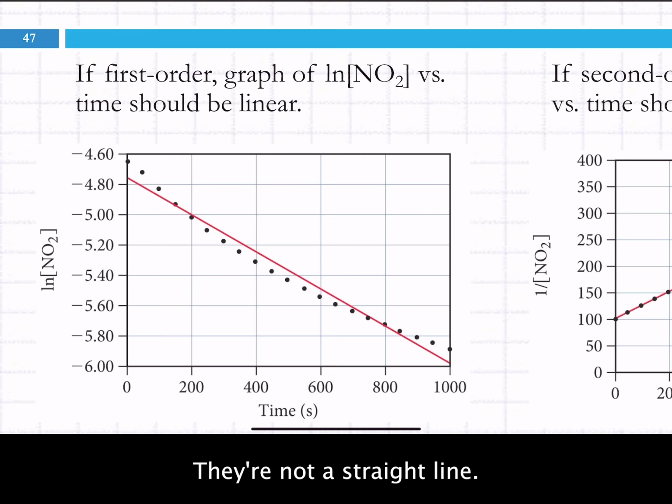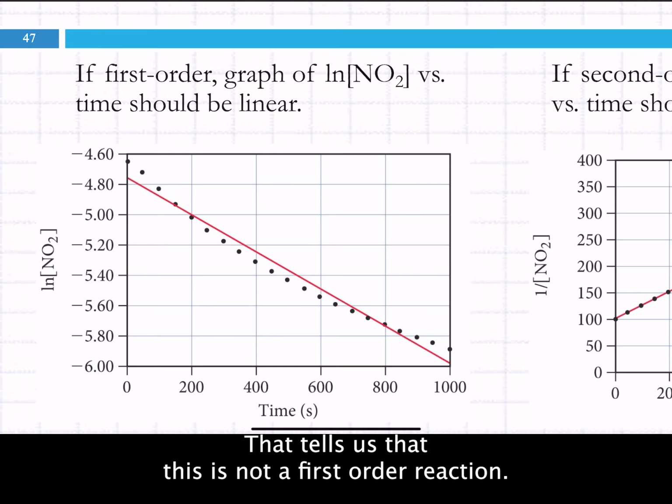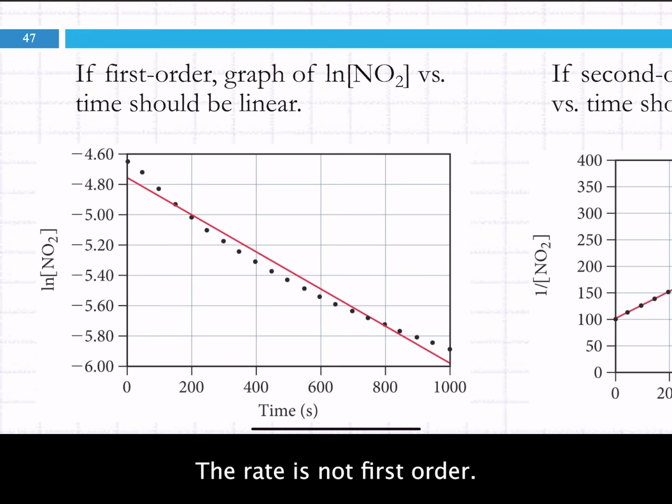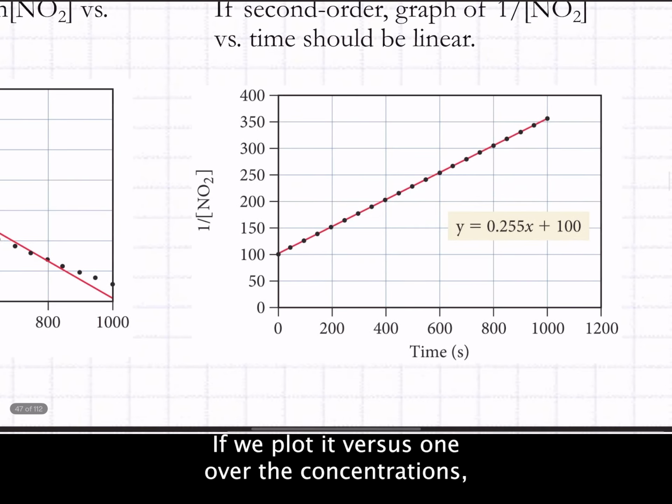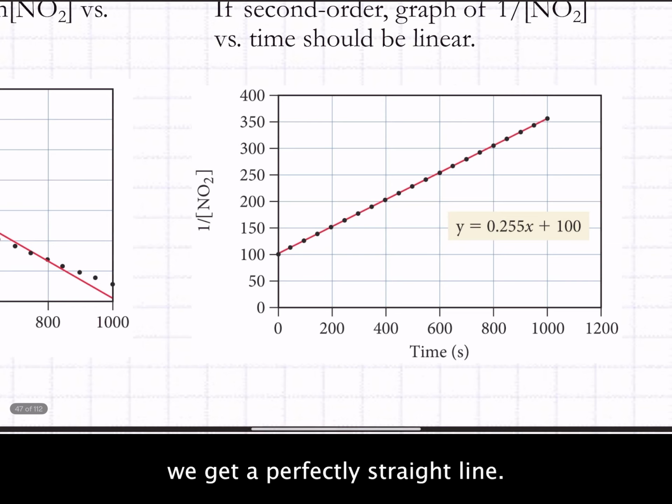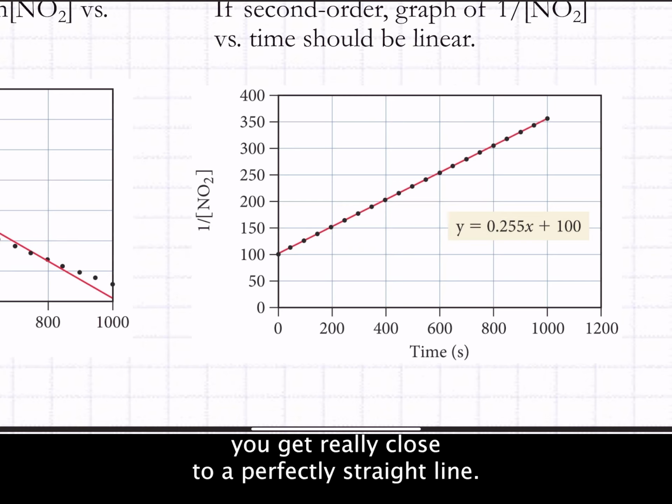They're not a straight line, that tells us that this is not a first order reaction. The rate is not first order. If we plot it versus 1 over the concentration, we get a perfectly straight line, or with real data, really close to a perfectly straight line.